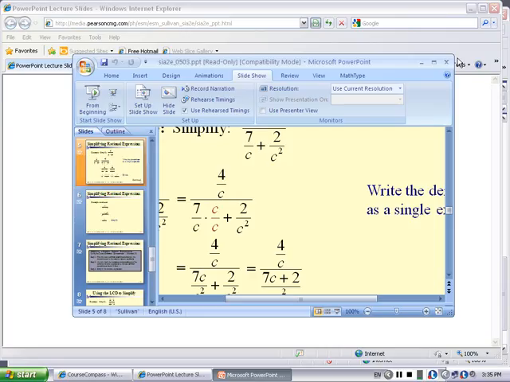Would you like to do the long division, or would you like to do multiplication? All right, so you want to find the LCD. What is the LCD? B plus 5 times B minus 5. So you are going to multiply the LCD with every term. Is that clear?